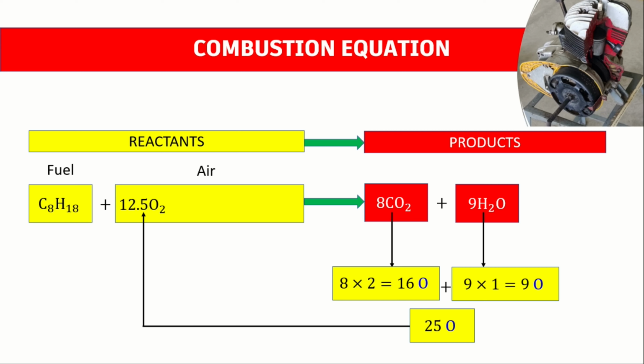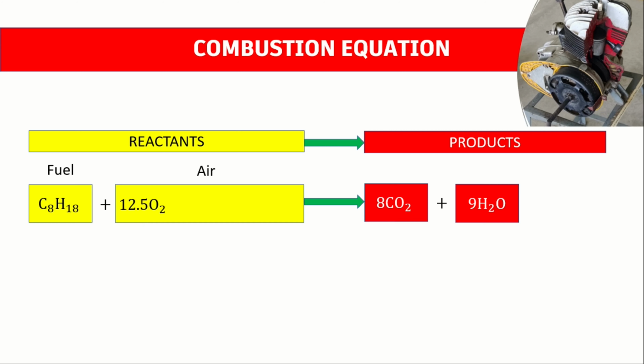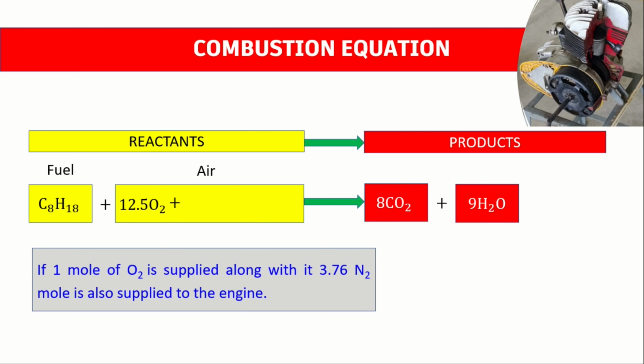So in the air, if I have 12.5 moles of oxygen, that oxygen can convert C8 into 8CO2 and H18 into 9H2O. Is it clear? Now, because we are supplying oxygen, we will also be supplying nitrogen along with it, because nitrogen is there in the air.